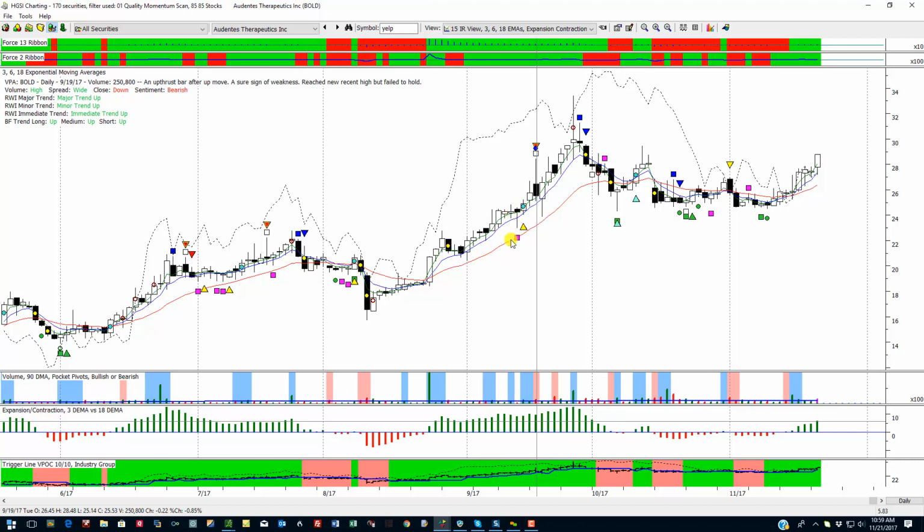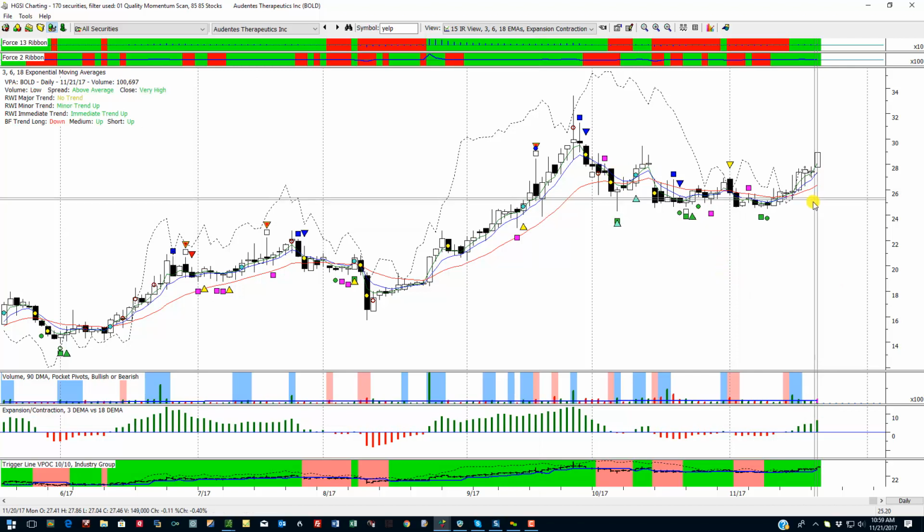So as the 3 moves away from the 18, this histogram gets higher. And it just shows that this stock is in an expansion mode. Now right here, you can see that it went from contraction, consolidation. When it's near the 0 line, it is just consolidating, and now it's starting to move up, and it's expanding.